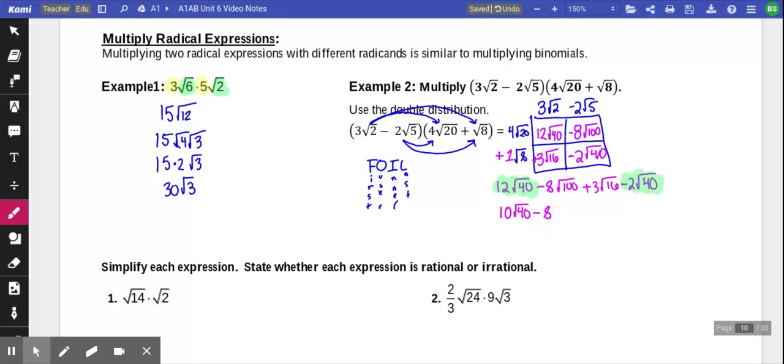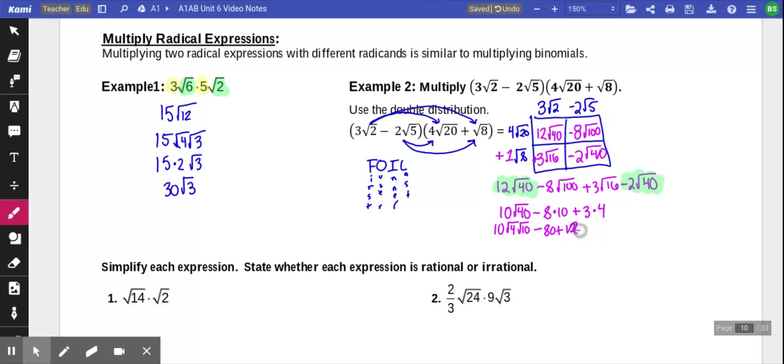Minus 8, we know the square root of 100 is 10, so minus 8 times 10, plus 3 times the square root of 16, which is 4. So in the same step, so we don't have to write a million steps here, we can break up the square root of 40 into the square root of 4 times the square root of 10. Minus 8 times 10 is 80, plus 3 times 4 is 12.